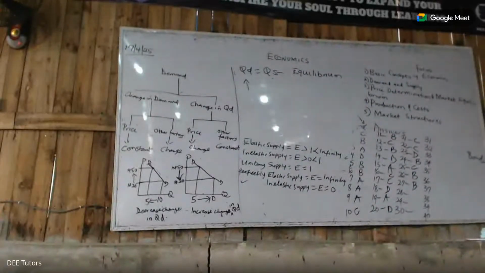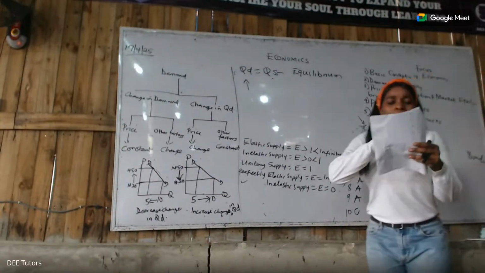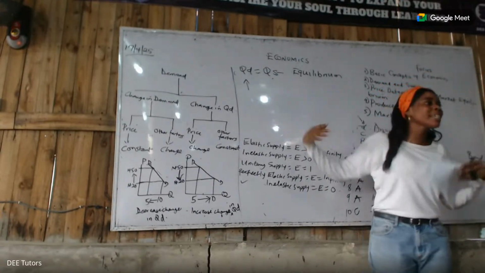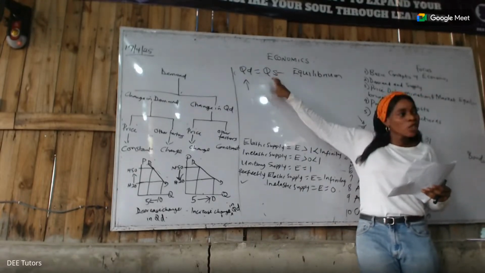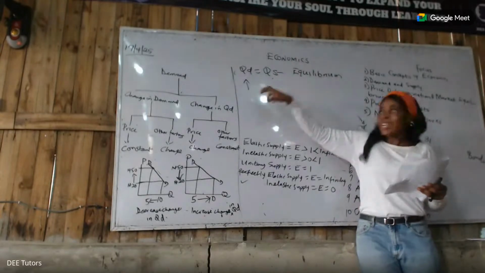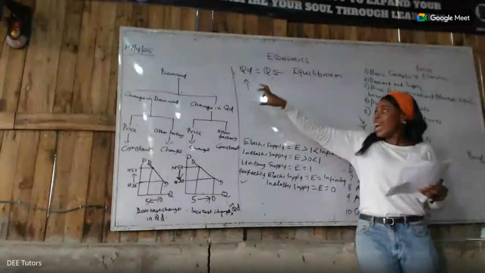There will be an imbalance in the equilibrium. So when does it fall? It falls when there is a change in quantity supplied and demand remains like that.